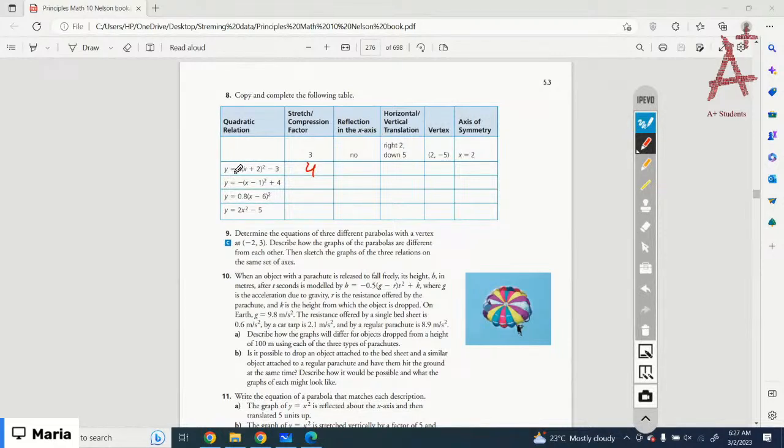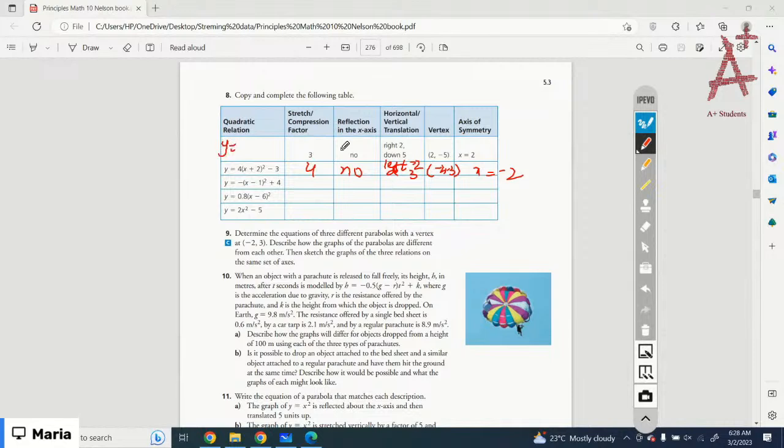Reflection in x-axis, no. It is the positive value, so no reflection. Got it? Okay, you have to look. Here you have 2. That means the left movement is 2 and the graph is moved down 3 units. The vertex is negative 2 and negative 3. And the axis of symmetry is x equals negative 2. Got it?